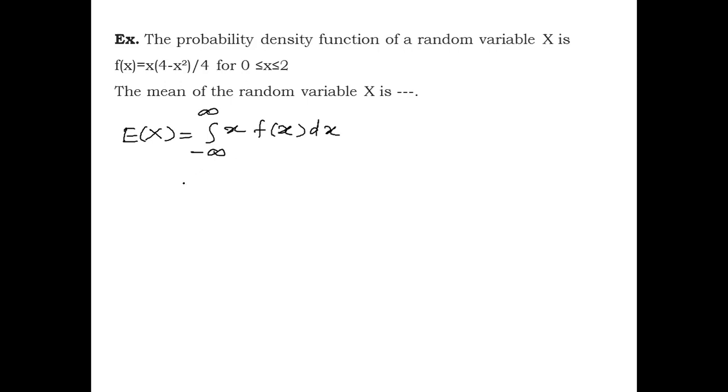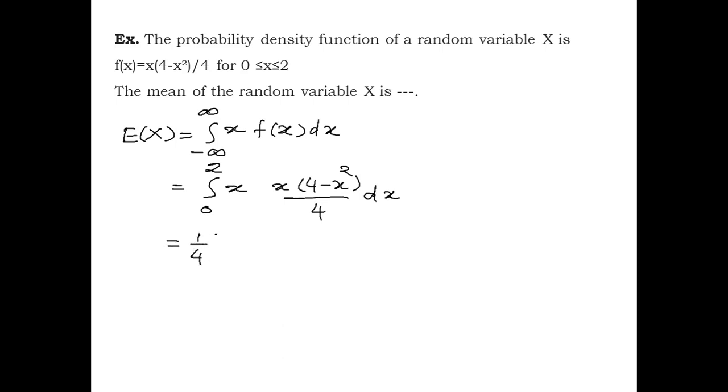So this is equal to integration, and I am not going to write from minus infinity to 0, since that first term is 0, but after that from 0 to 2, x into f(x) is x into (4 minus x square) upon 4 into dx. One more term is integration from 2 to infinity of x into 0 dx, so I will not write that.